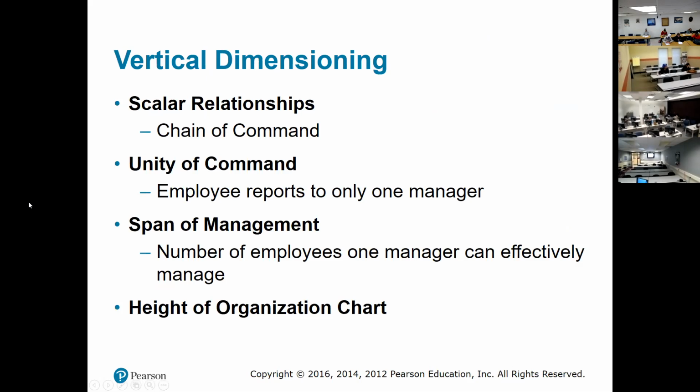The height shows the number of levels of management and how many people are reporting to each one. We have seen many times where people think that companies are top heavy on their pyramid. They have too many managers and not enough workers, or the other way around. The height of the chart will tell you something about the organization as well.